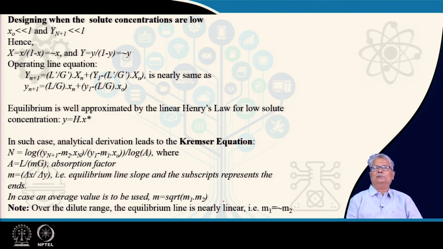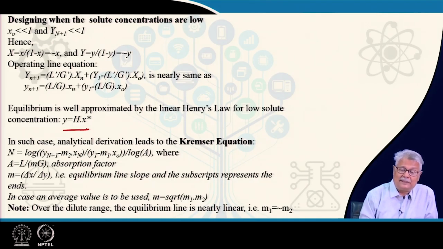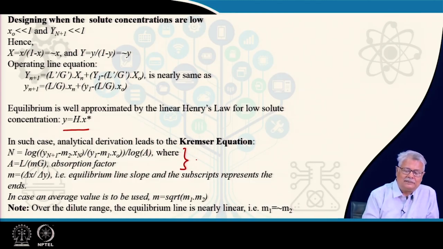In that case, it is possible for you to derive an analytical expression, based on the linearity of your operating line as well as the equilibrium line, which will give you directly the number of theoretical stages n given by this expression, which involves a slope of the operating line, which is basically delta x by delta y, that is the equilibrium line slope, and the subscripts represent the ends.